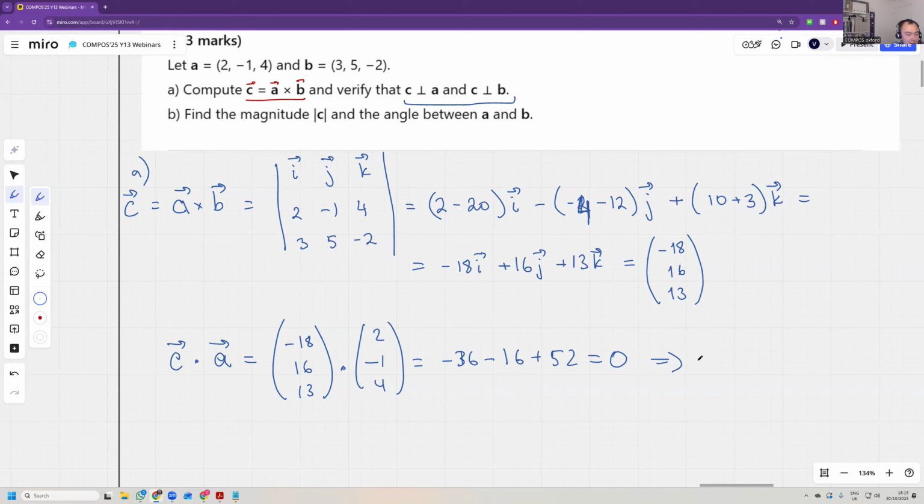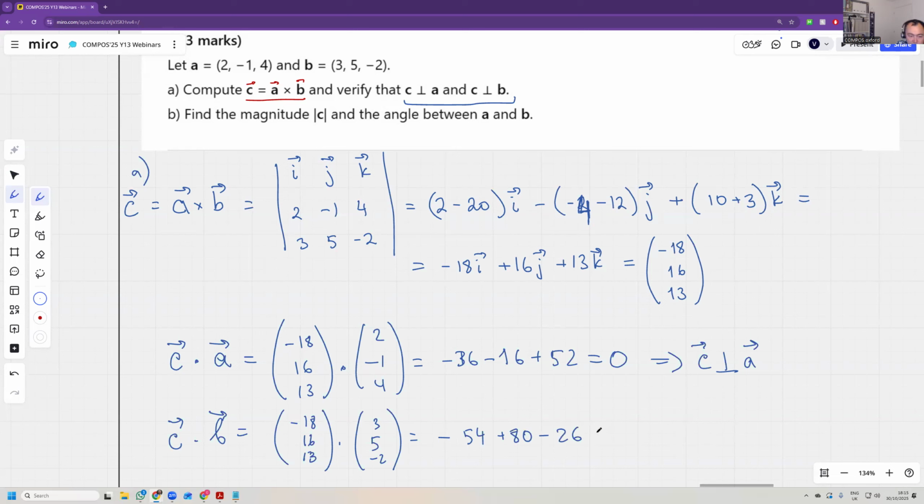Hence C is perpendicular to A because their dot product is 0. And similarly, C times B is equal to minus 18, 16, 13, multiplied by B, which is 3, 5, negative 2, which is negative 54, plus 80, minus 26, which is also 0. Hence, C is perpendicular to vector B.